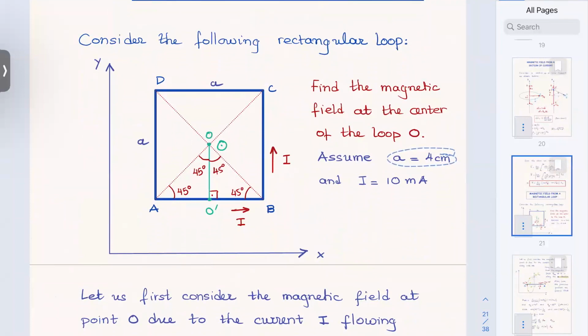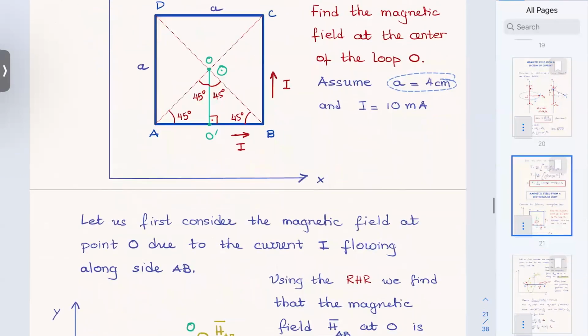The side of this square does not have to be a square. It could be anything, as a matter of fact. It's 4 centimeters, the current is 10 milliamps. And we consider that the center of the loop is O. In this particular problem, we want to find the magnetic field at the center of the loop. Very similar to what we did for the magnetic field at the center of the circular loop.